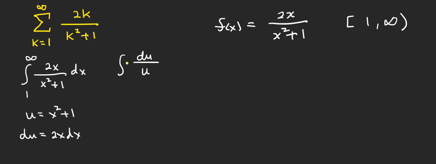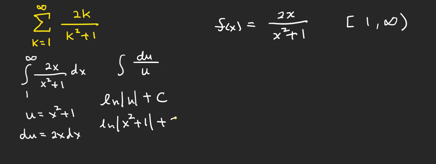And what is the antiderivative of that? It becomes natural log of the absolute value of u plus c. So this becomes natural log of the absolute value of x squared plus 1 plus c. Now notice though, this is definite, so we don't need c because we have a lower and upper limit.